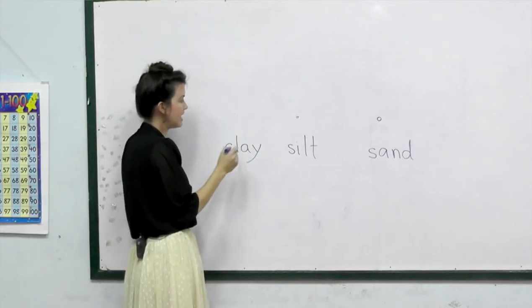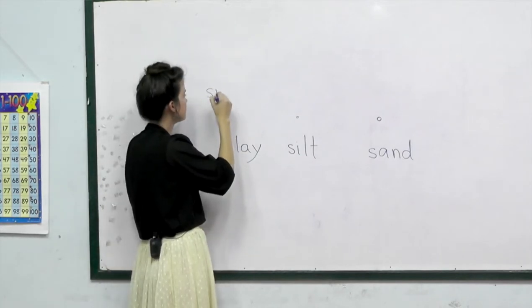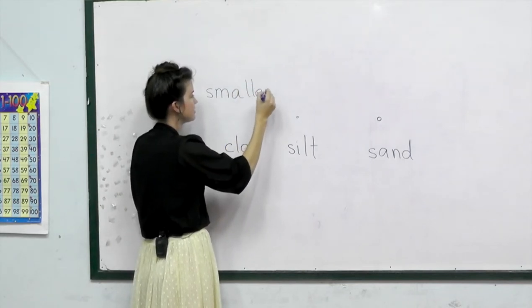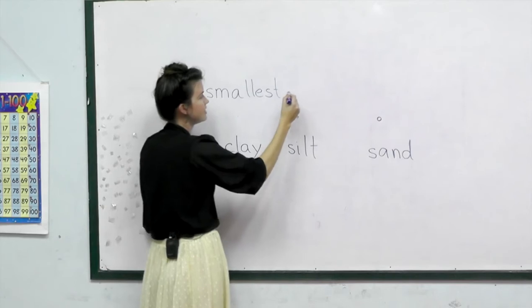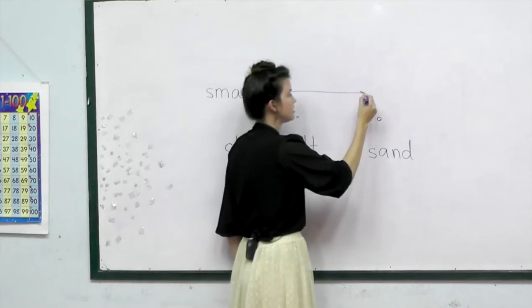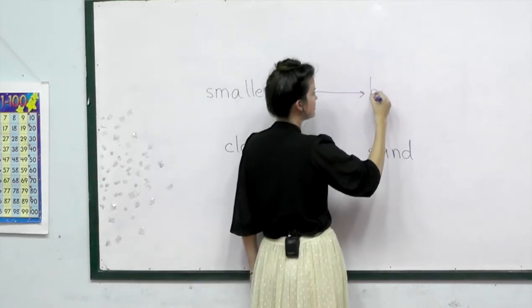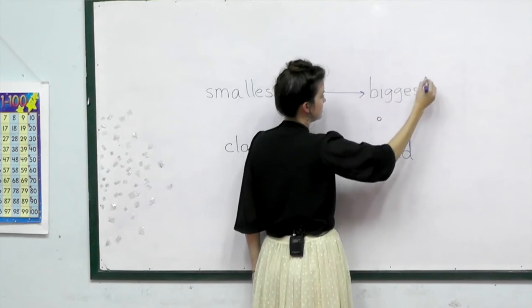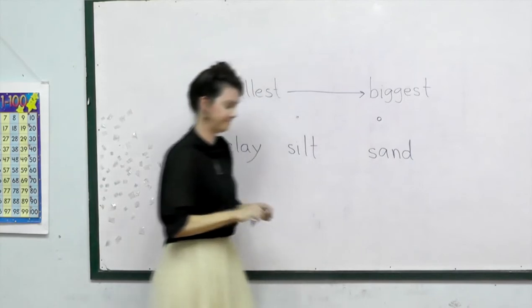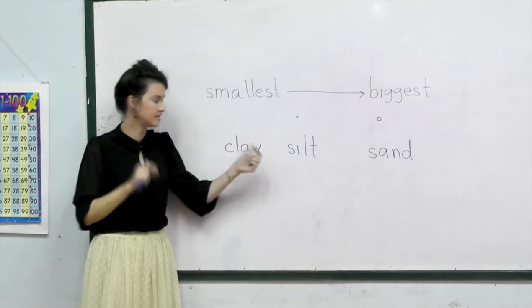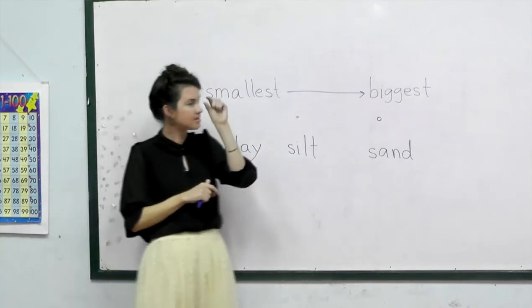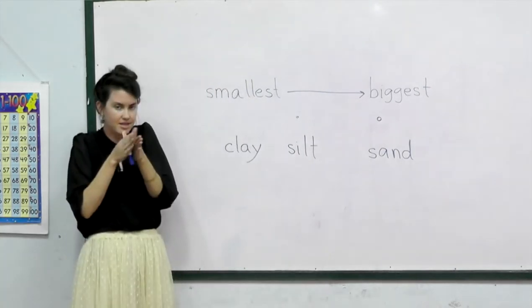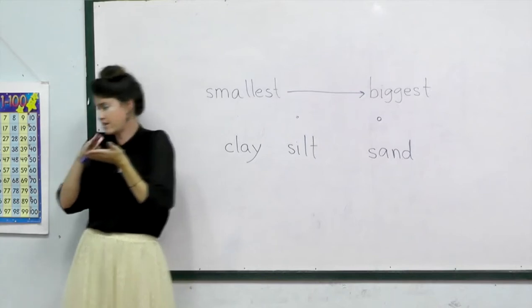So we have clay is our smallest. Silt is a little bit bigger. So we go all the way over to sand, which is our biggest. So clay, small, silt, a little bigger, sand, a little bigger. But everything's still very small.